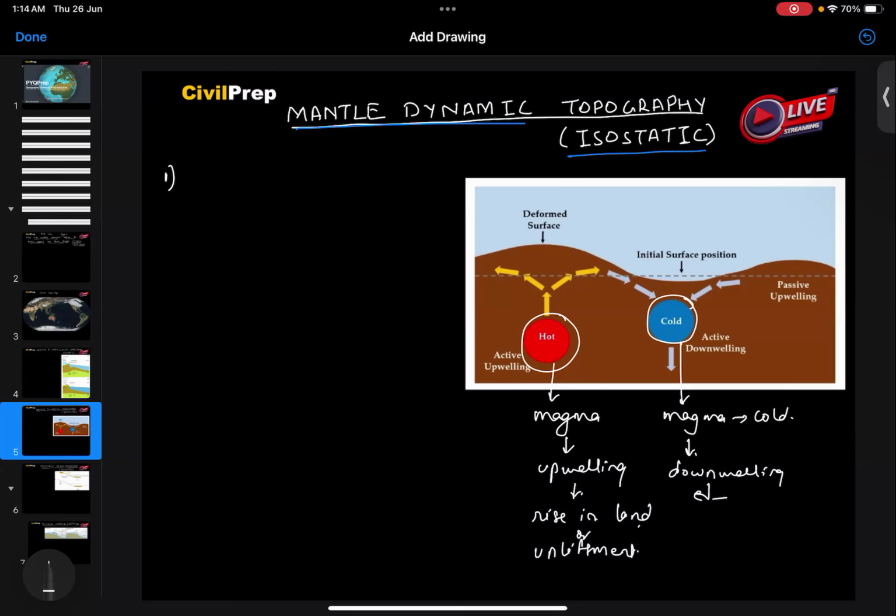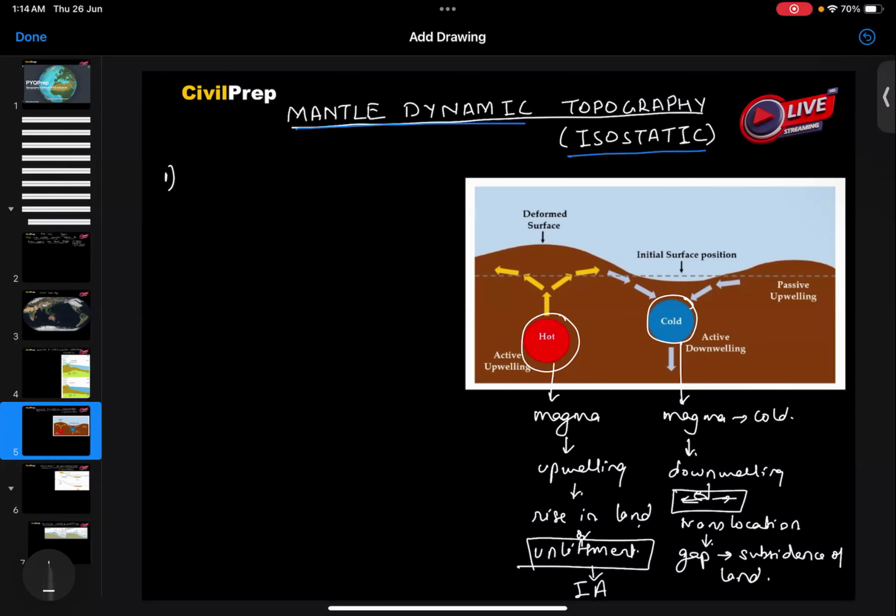Also, there is translocation of magma in the horizontal direction, because of which a gap is created, and because of this gap there is subsidence of land. Okay, and here we see that isostatic adjustment is taking place in both cases.